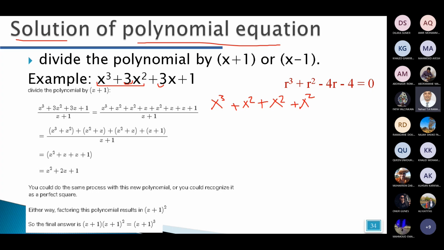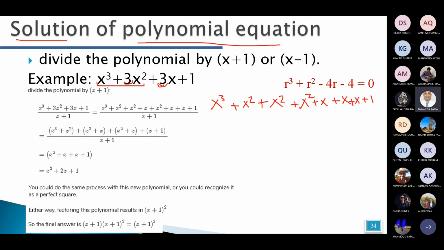So instead of 3x power 2, I will take each one separately. And this one, I will take separately also. It's plus x plus x plus x, because we have 3x, yes? Plus what remains here? Plus 1.